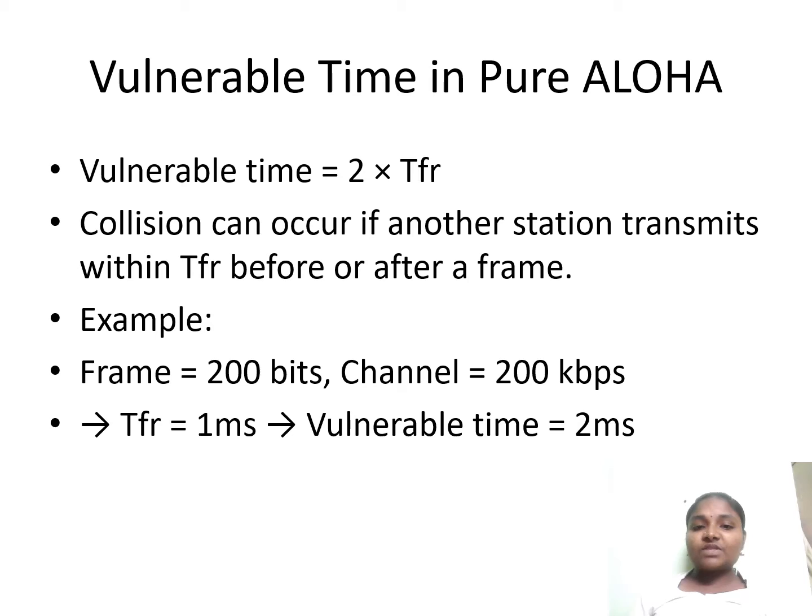Frames are sent when they are ready, so whenever a transmission is done within TFR before or after a frame, a collision may happen. Here in the example, the frame is 200 bits, the channel is 200 kbps, TFR is 1 millisecond, and the vulnerable time will be 2 milliseconds.